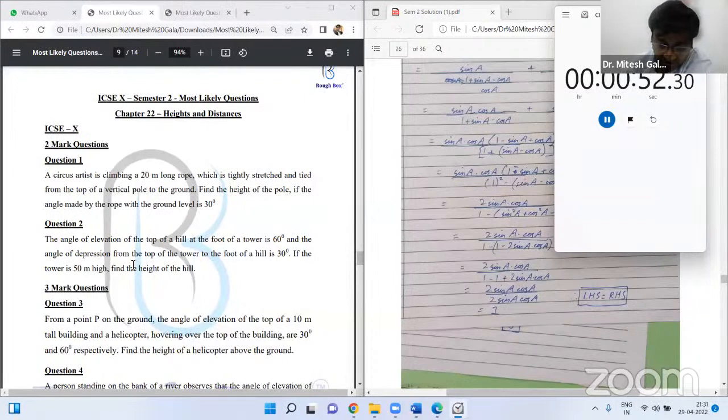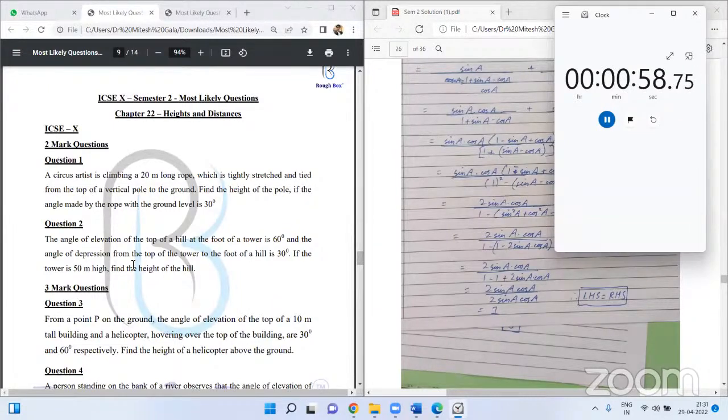Diagram is a must for this chapter. Without a diagram, you can't go ahead. Okay, that's good.